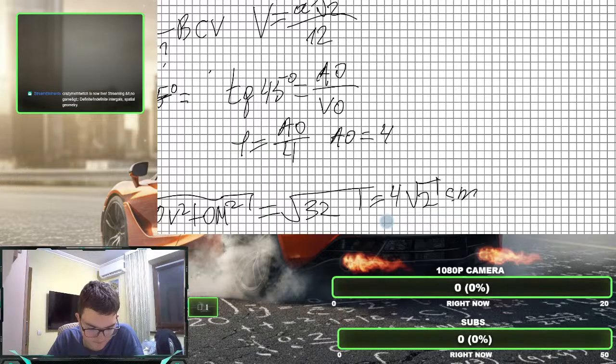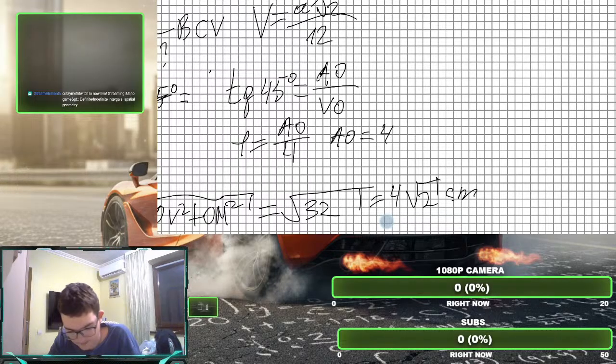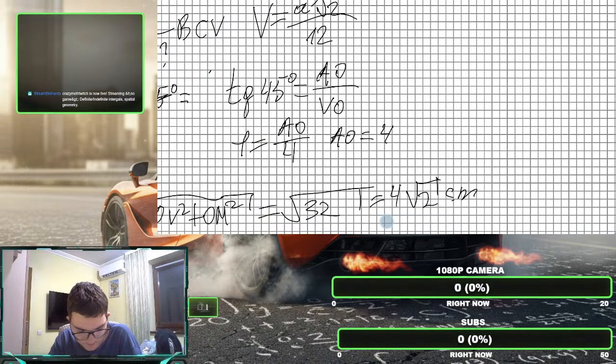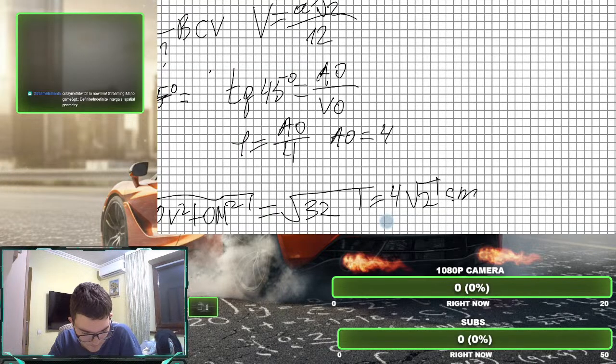And now for the base, I can apply the formula which I do not really have. So AP formula, I can write it down.